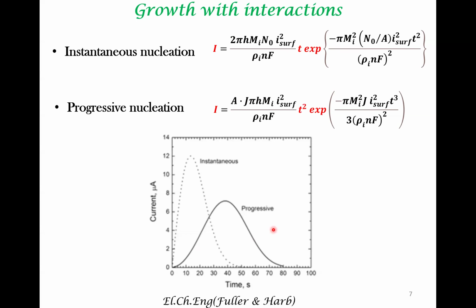So again, the way to understand the system is that you do two things. One is there are a set of measurements that are made. And the other aspect is that you build some models to get some expressions. Then you correlate the things that are measured, in this case, let's say current versus time, with the different models available to you: instantaneous nucleation, progressive nucleation without interaction, then instantaneous and progressive nucleation with interaction.